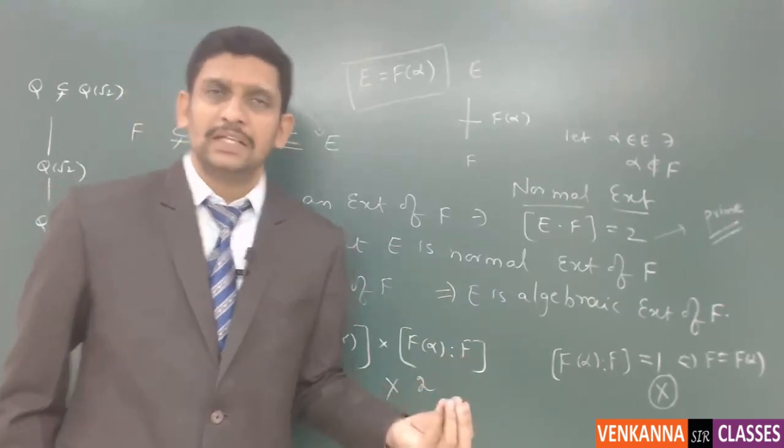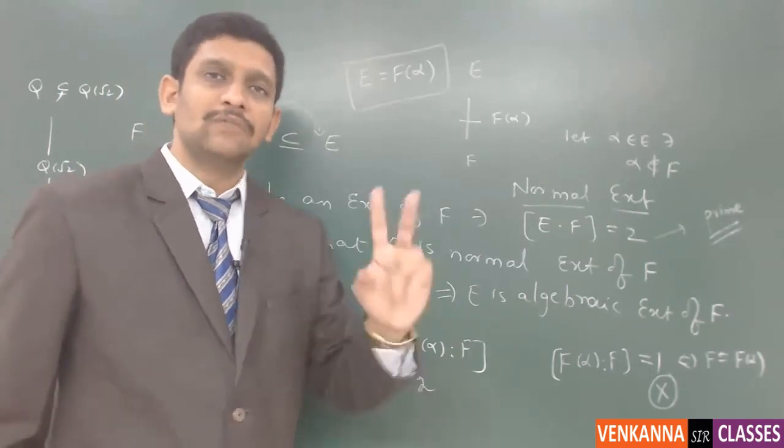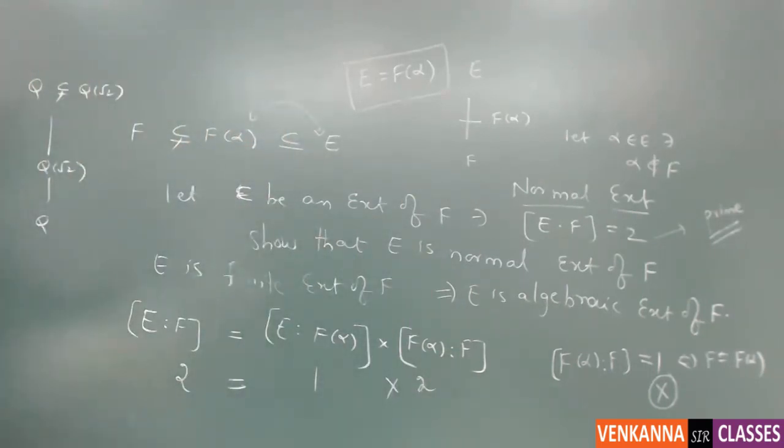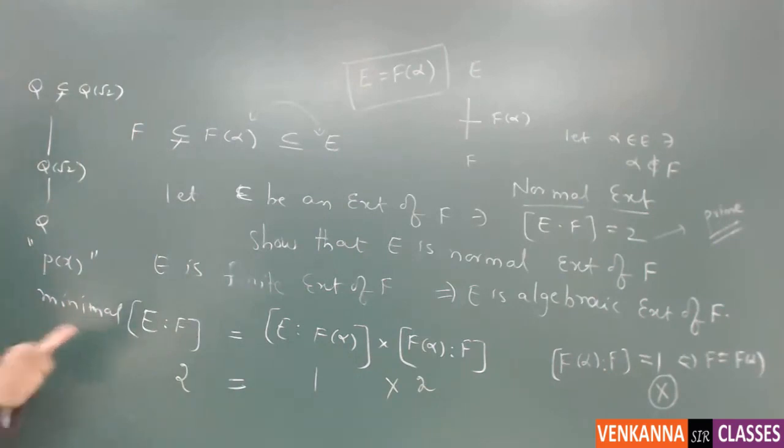So let us take that the minimal polynomial satisfied by alpha has degree 2, and that polynomial is p(x). Let us take that this is the minimal polynomial having degree 2 satisfied by alpha over F. Now what happens? Since alpha is one root of it, immediately the other root also belongs to the same set.